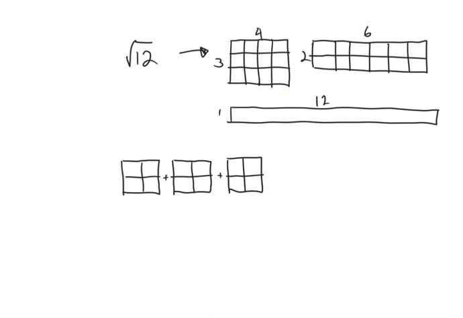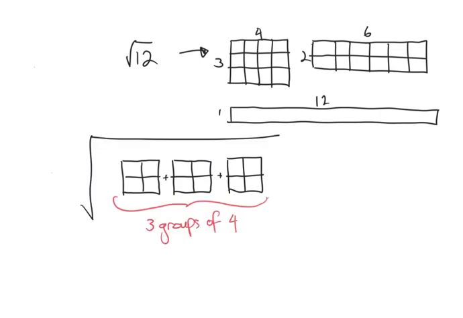So we've got 3 groups of 4, means that we can redraw 3 times 4 as 4 plus 4 plus 4, or to simplify our surd using this method, we need our radical sign, obviously. We know that our square root of each of those 4s is going to be 2.